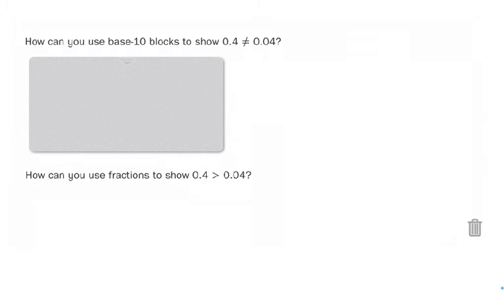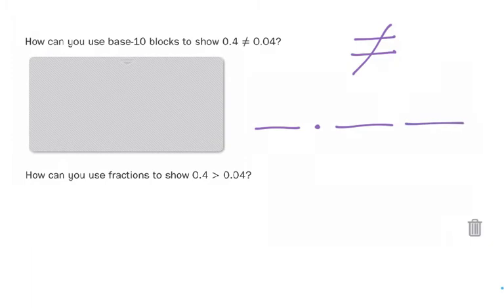And we're going to look at this question, not in your math journal quite yet. It says, how can you use base 10 blocks to show that 4 tenths is not equal to, that's what that symbol means, does not equal 4 hundredths.